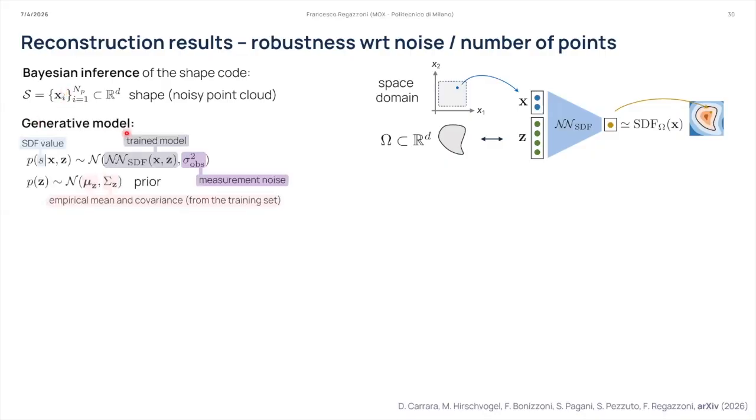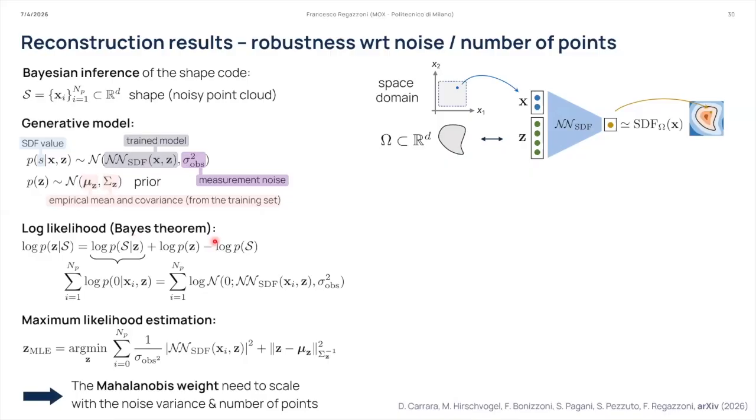Then we can interpret our shape model in a generative way. So we can model the probability of observing a given signed distance function in a given coordinate given a shape code as a Gaussian distribution where the mean is given by the output of the shape model and where the standard deviation is associated with measurement noise. Then we have a prior given by the empirical mean and covariance from the training set.